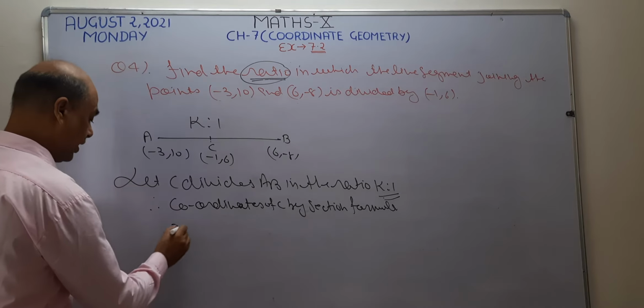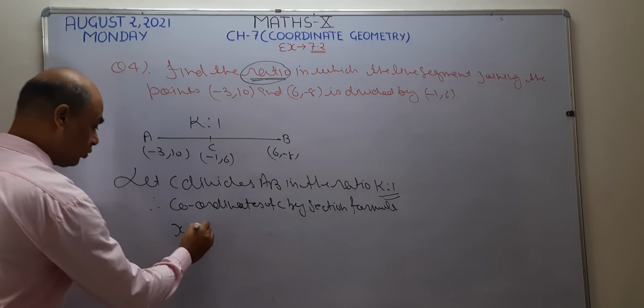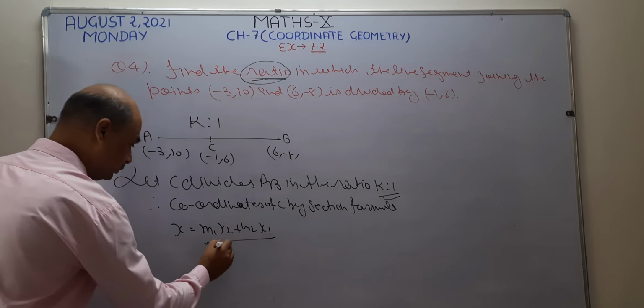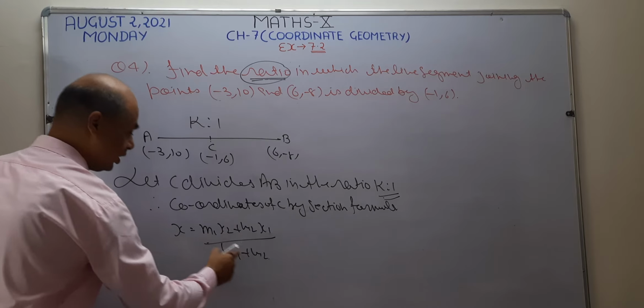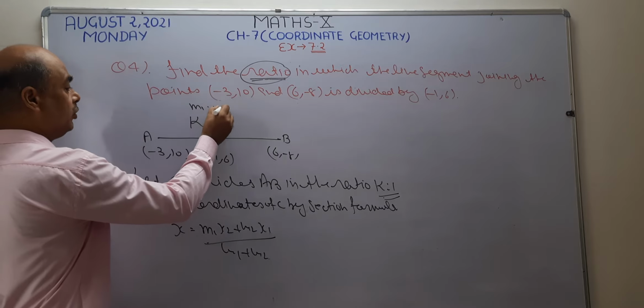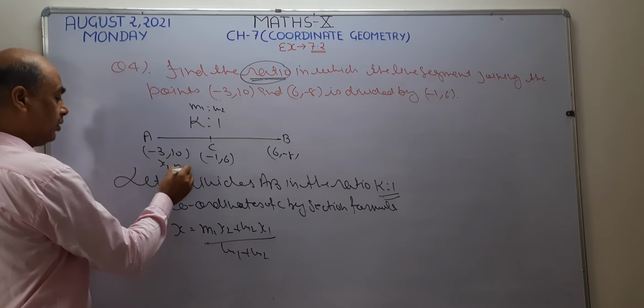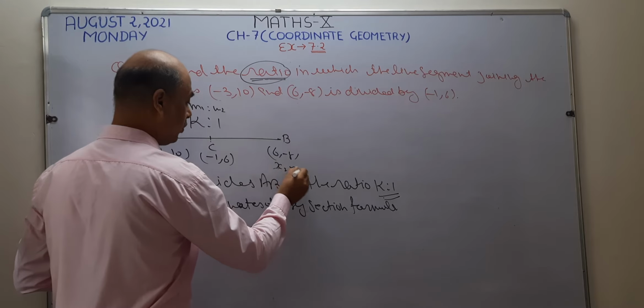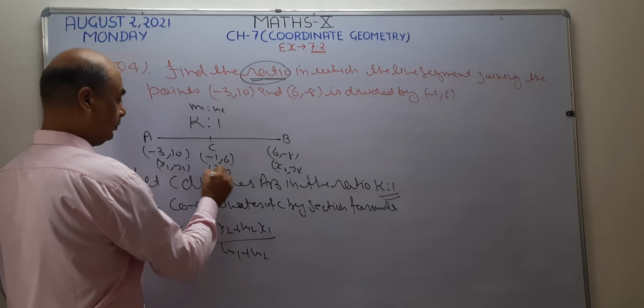And you know what the section formula is? x = (m1x2 + m2x1)/(m1 + m2). This formula is known as the section formula. Now this is your m1, m2, this is your x1, y1, this is your x2, y2, and this is your x and y.